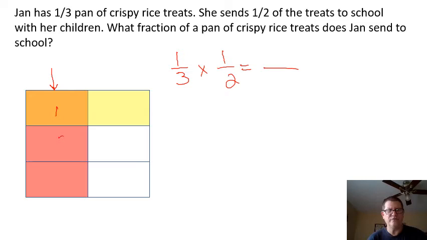So there's 1, 2, 3, 4, 5, and 6. So we know our denominator is 6. And we can see here that only one of them had both fractions interacting. And the reason is that yellow and red goes orange. So we know that this is the only one. So we know 1/3 times 1/2 equals 1/6. Interesting. Let's try another problem.